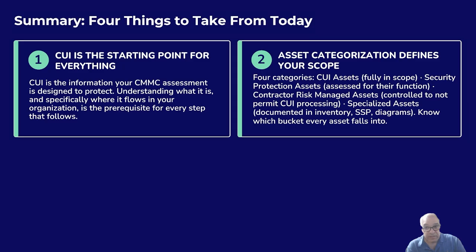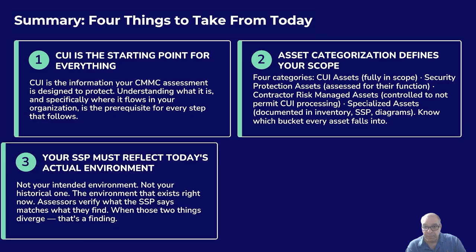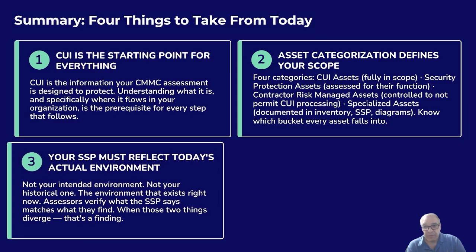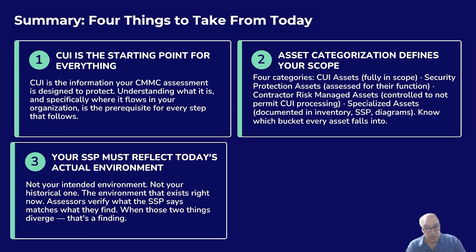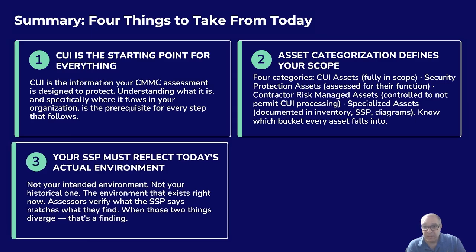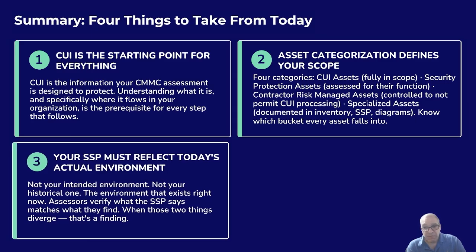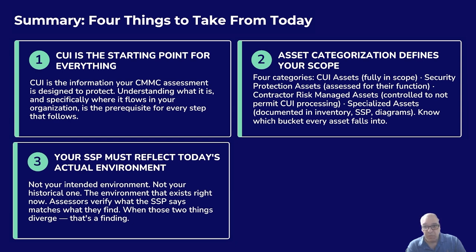CUI assets fully in scope, security protection assets assessed for their function, contractor risk managed assets controlled by documented policy, and specialized assets that are documented within their applicable treatment. 3. Your SSP must accurately reflect your actual environment, not your intended environment, not your historical environments, the environment that exists today. Assessors verify that what the SSP says matches what they find. When those two things don't match, that's a finding.